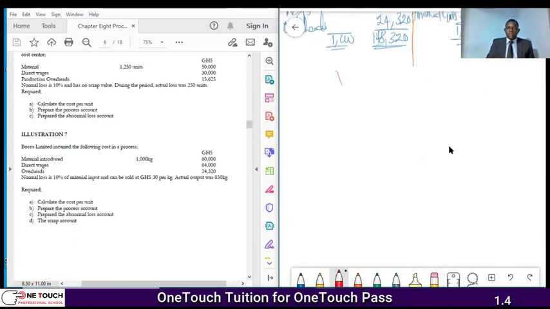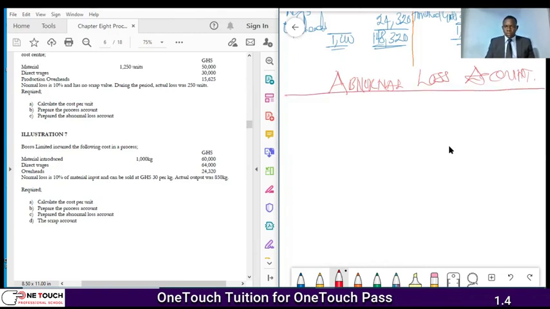The abnormal loss account, with the units, the price, and the amount.